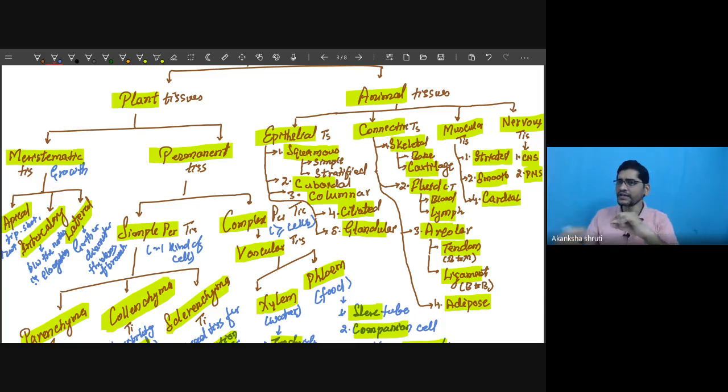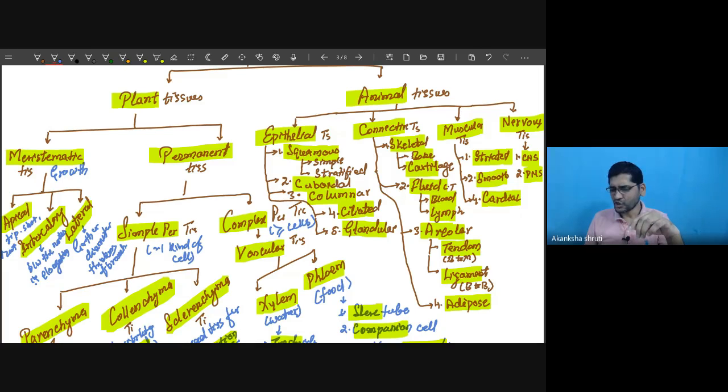So the outer skin consists of a thicker collection of thin skins. Means the different simple squamous layers are stacked to form a stratified squamous.